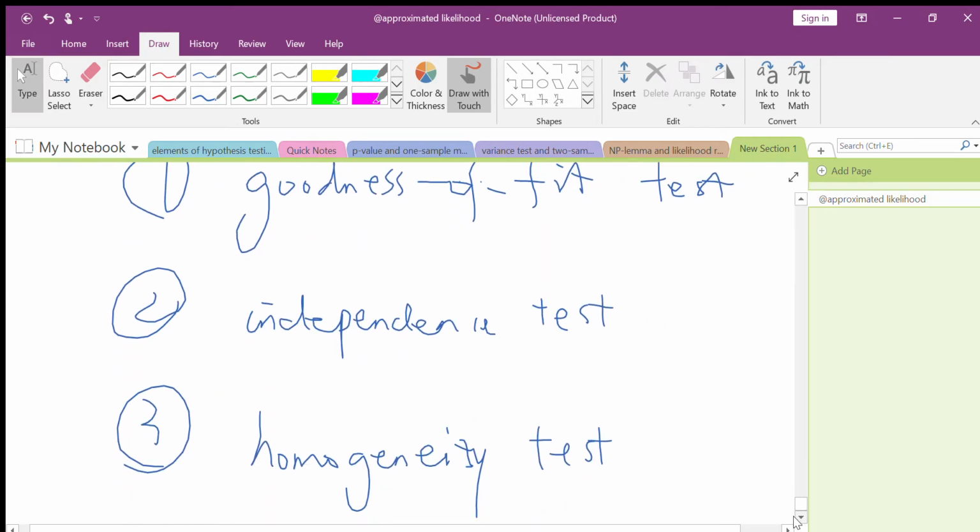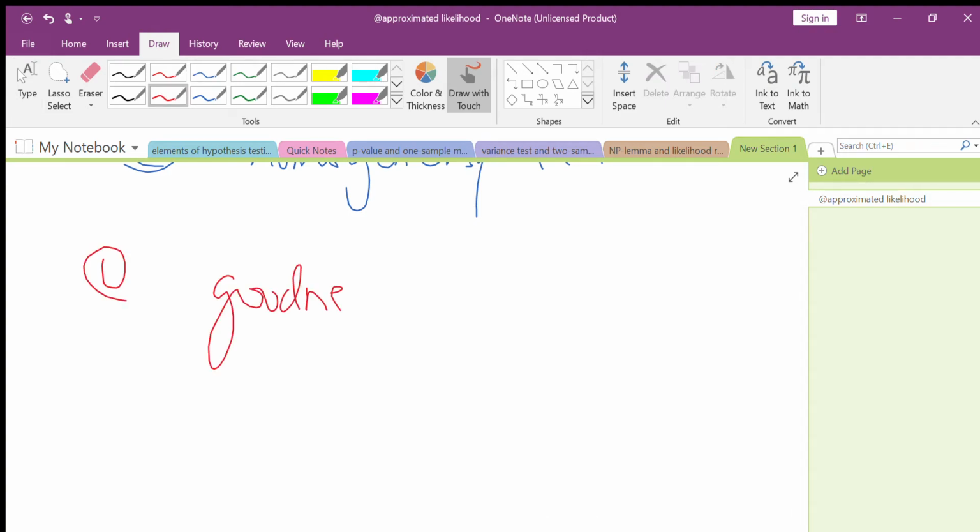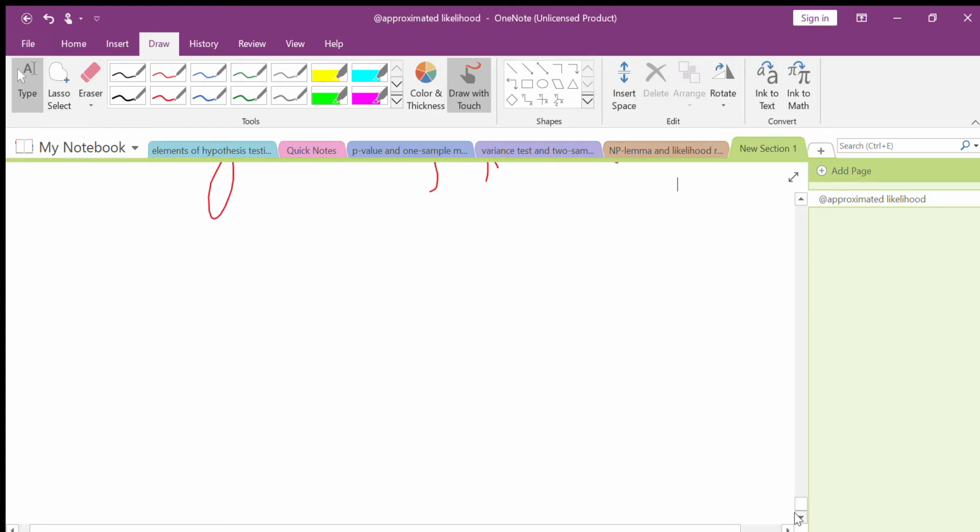So the first is the goodness of fit test. Let's see it by a specific example, goodness of fit test using the chi-square test statistic.